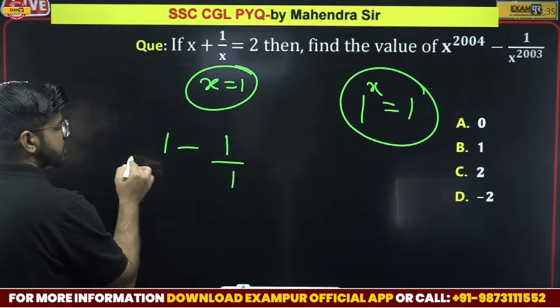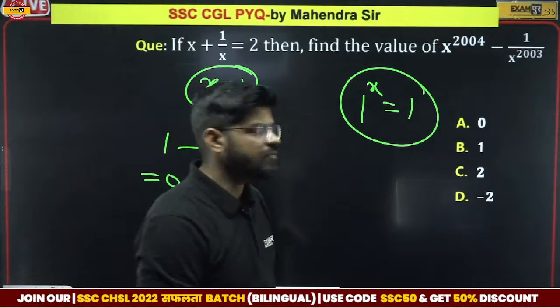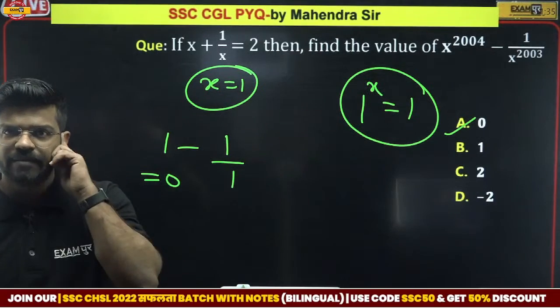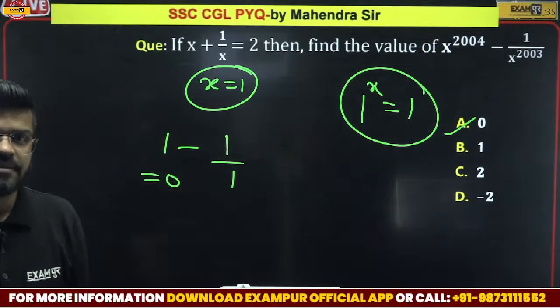So this will also be 1. So 1 minus 1 will give you again 0. So option number A is my right answer. Is it clear, everyone? Yes? Super.